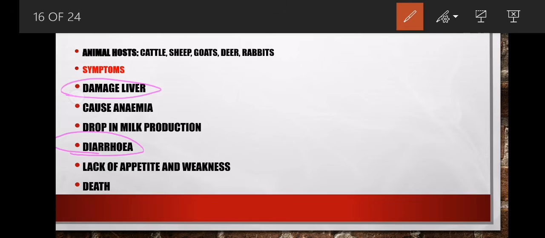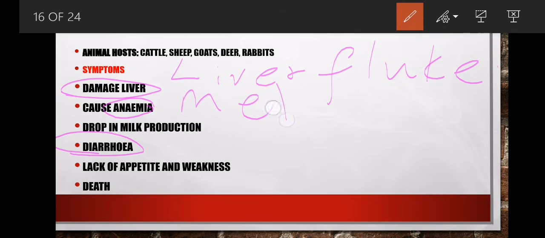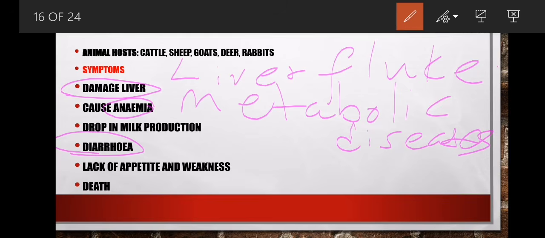But then let's look at the other symptoms. One, it will damage the liver. Remember, we said it's a liver fluke. So it will do what? It will damage the liver. Then we say it causes anemia. Sometimes they will ask you this question: I want you to master this one, which metabolic disease is caused by the liver fluke?